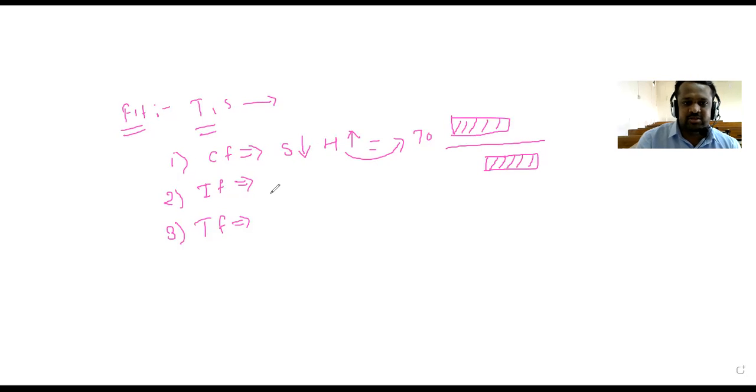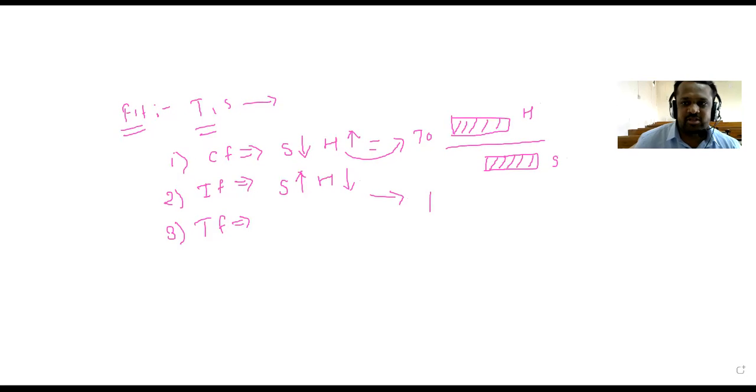Then what is meant by the interference fit? In an interference fit, the shaft size is greater and the hole size is smaller.